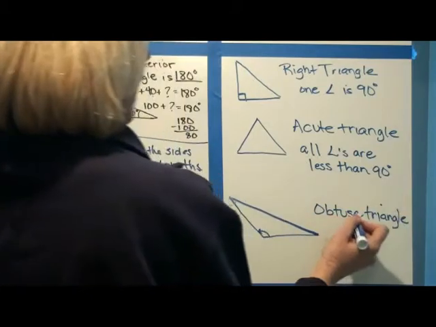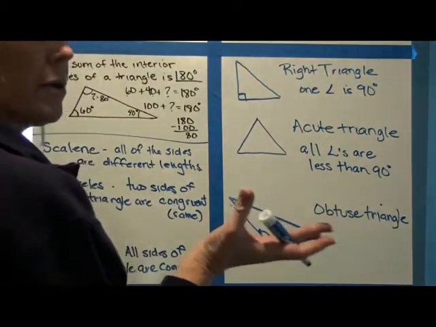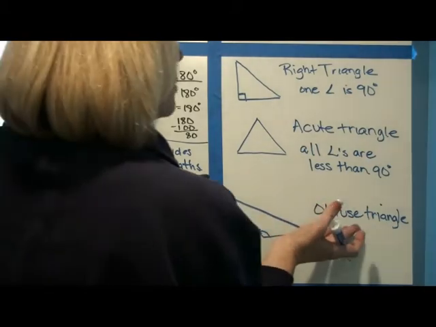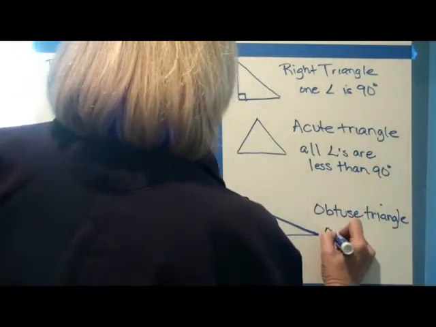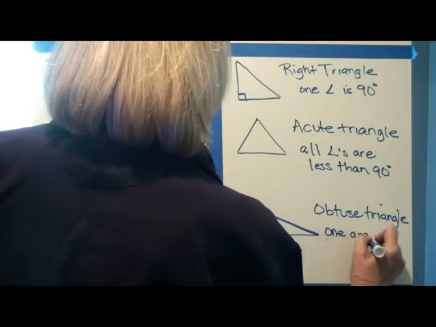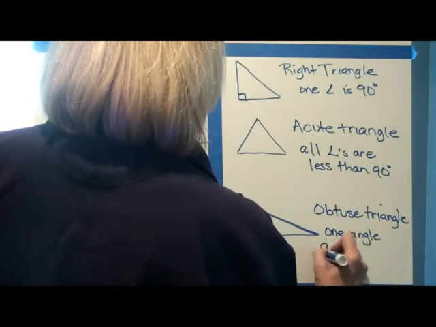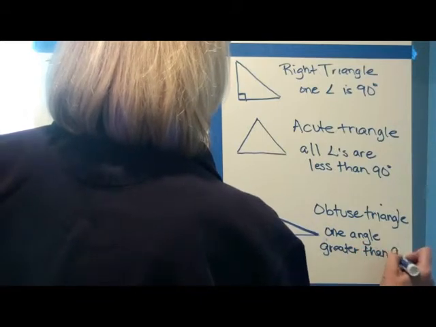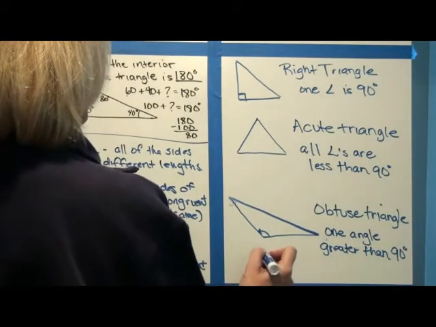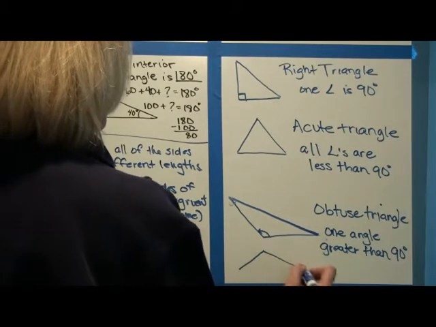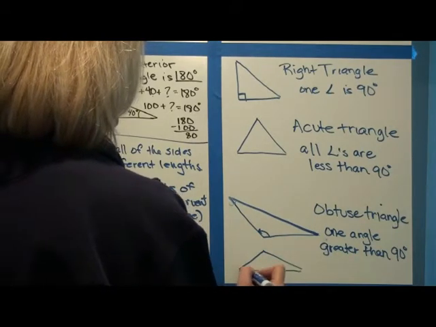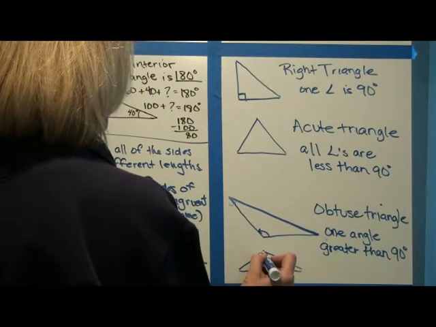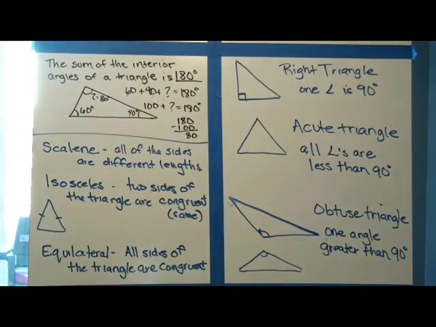An obtuse angle means that it is greater than 90 degrees. So an obtuse triangle means it has one angle greater than 90 degrees. And it can be upside down. It doesn't matter where the angle is. It just needs to be an angle that's bigger than 90 degrees.